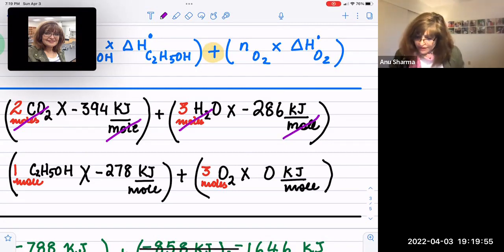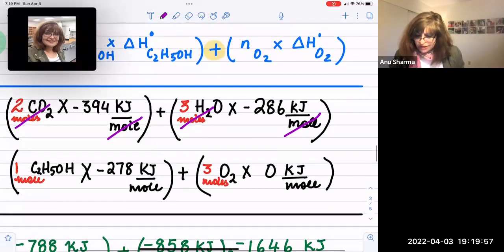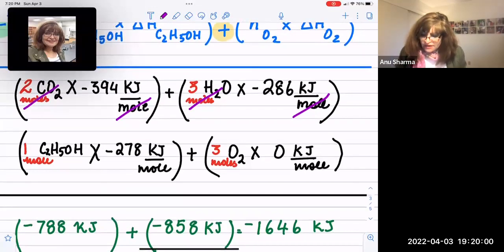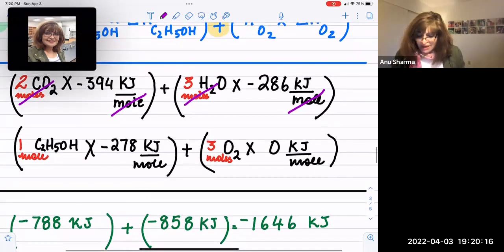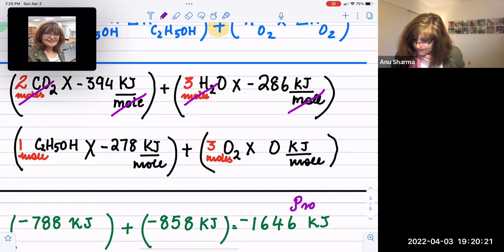Now when you multiply, 2 times 394, you get negative 788. So you have to carry over that sign. And here, 3 times 286 gives negative 858. Then minus and minus is plus, but the sign is of the big number. So your actual answer on the product side is negative 1646 kilojoules of heat.